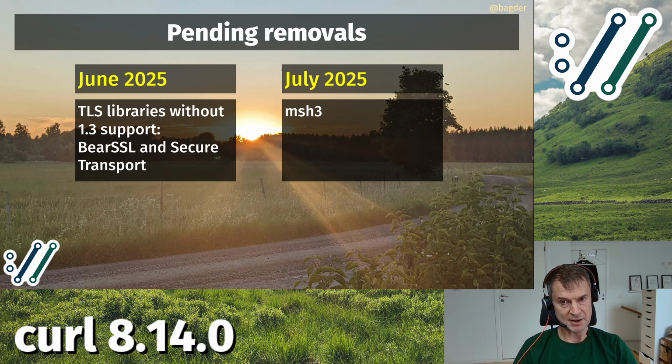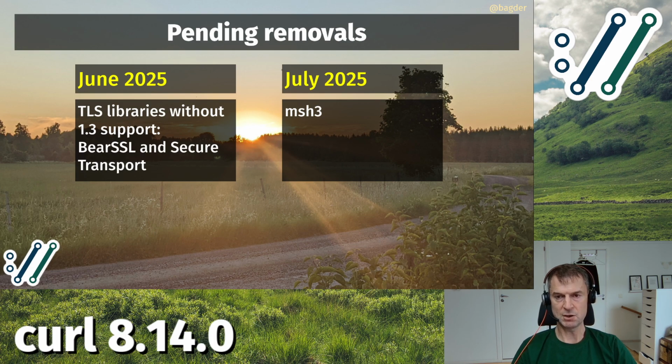The month after that, in July, we're going to remove support for the MSH3 HTTP3 backend. This might not be as revolutionary. It might not hurt that many users, because this is a backend for HTTP3 that hasn't really worked in curl for a long time, and it hasn't really advanced anyway. And we have other really capable, really good HTTP3 backends, so we have not seen any really good reason to keep support for this around.